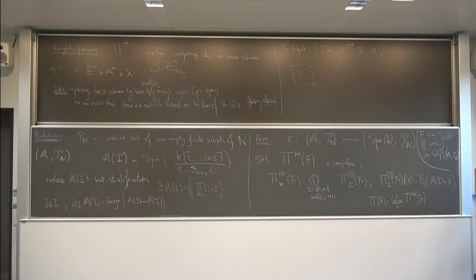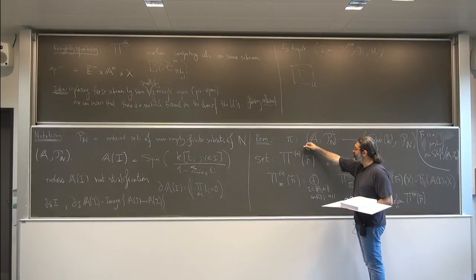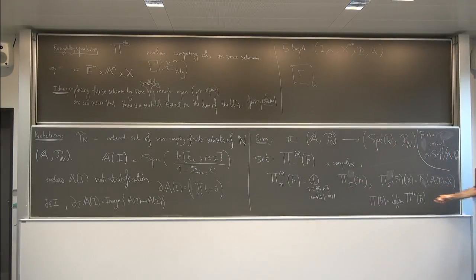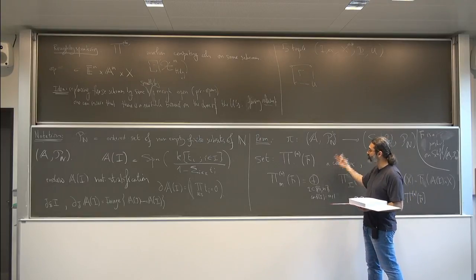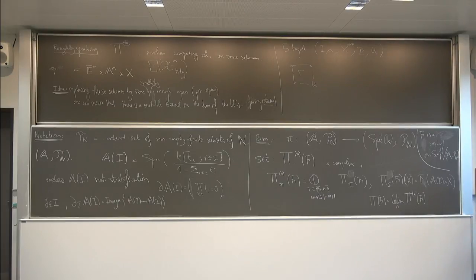Okay, so out of a complex of presheaves, or out of a presheaf on schemes over this diagram, one constructs a single complex of presheaves, which is pi F. It is a version, if you want, of the singular complex of Suslin-Voevodsky, but somehow a bit more general, because it takes as an input a presheaf on this category instead of just a presheaf on schemes over the field.